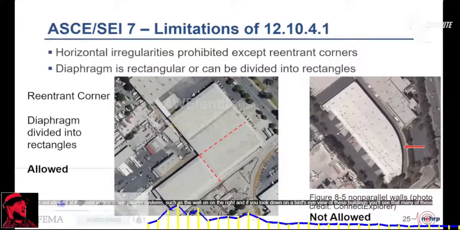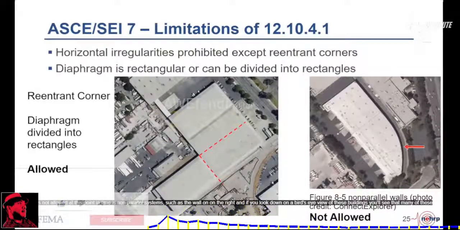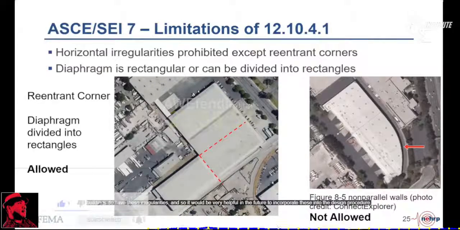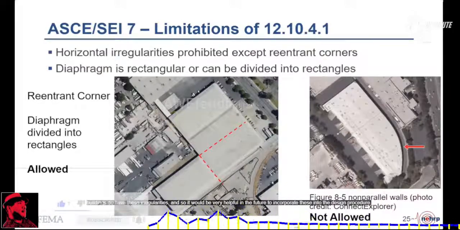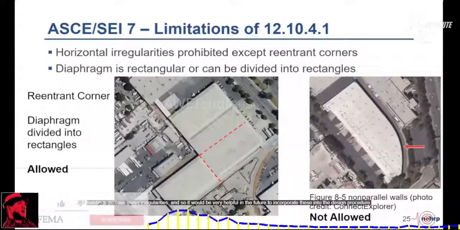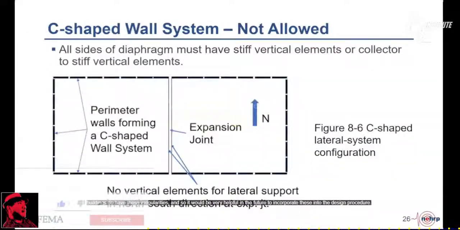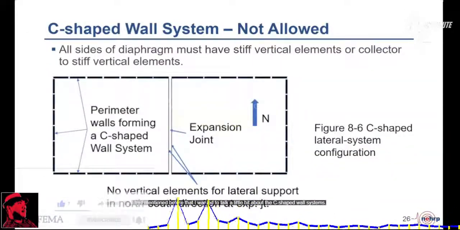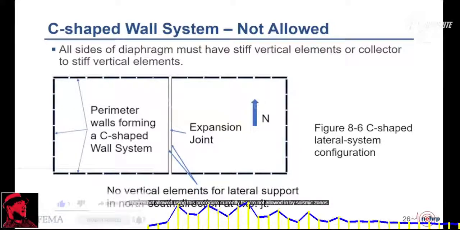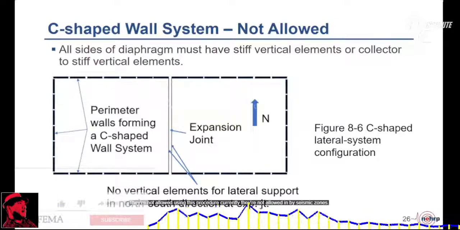And if you look down on a bird's eye view of these buildings, you'll see that many of these buildings do have these irregularities. And so it would be very helpful in the future to incorporate these into the design procedure. I had mentioned before that I wanted to talk a little bit about the C-shaped wall systems. They're not allowed using this procedure.